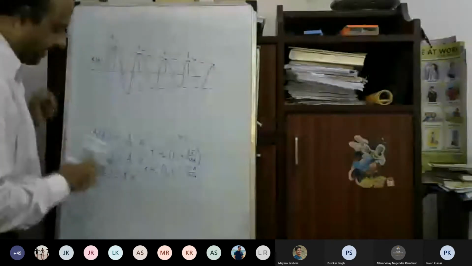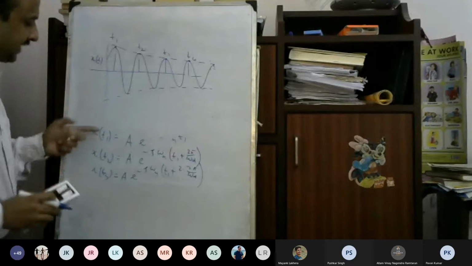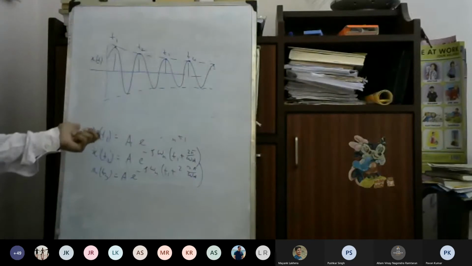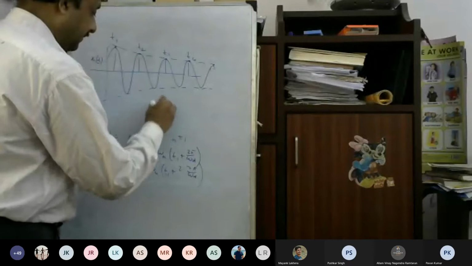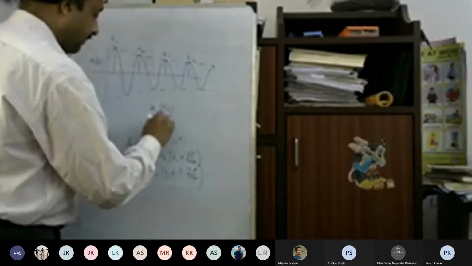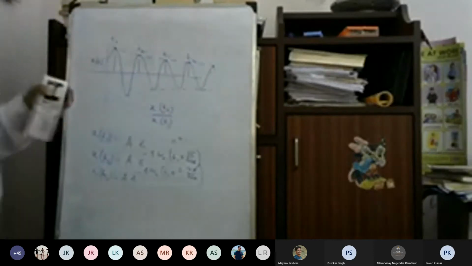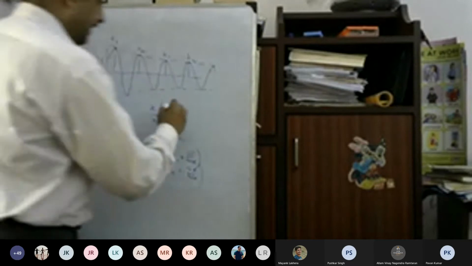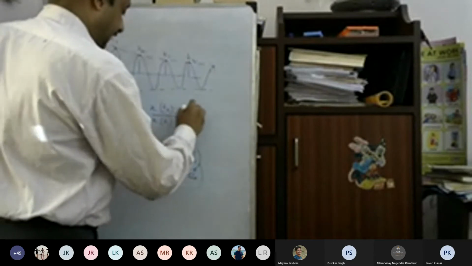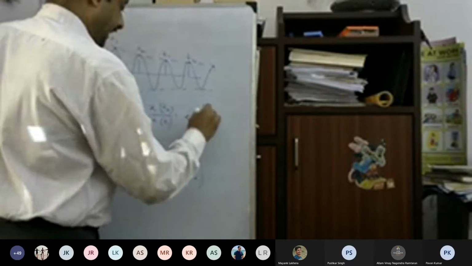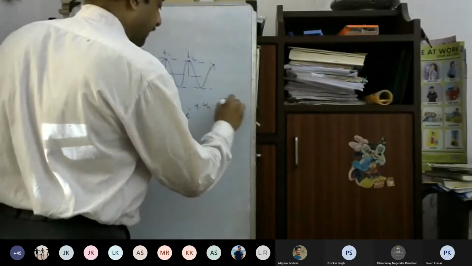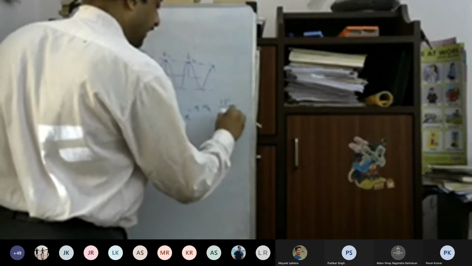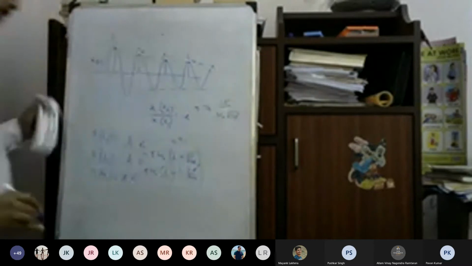Now what will be the value of x(t2) divided by x(t1)? You will see that this is e to the power minus zeta omega n 2 pi by omega d. Omega d is equal to omega n times square root of 1 minus zeta square.